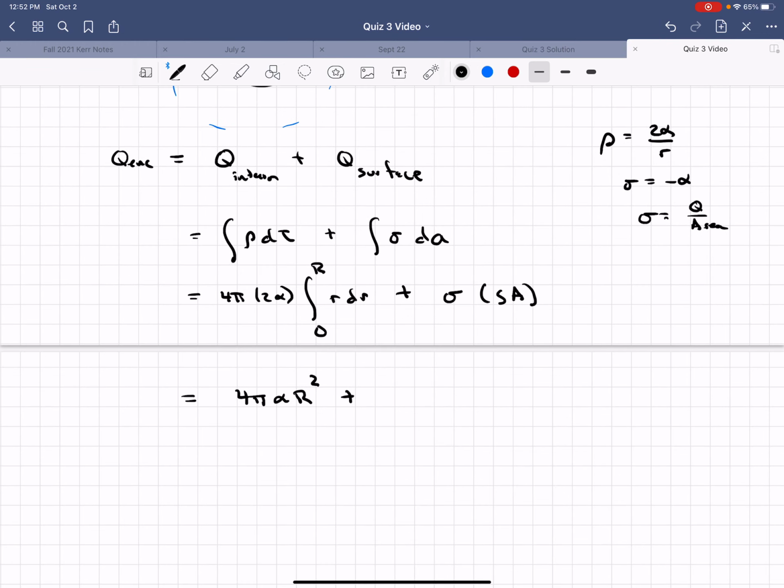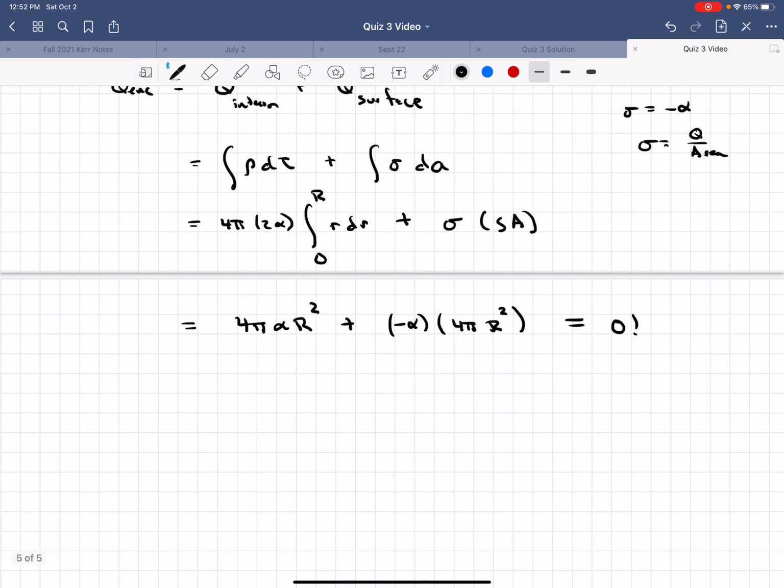The sigma value was minus alpha, and the surface area of a sphere of radius capital R is 4 pi capital R squared. When I add up the charge on the interior and the charge on the surface, I get 0, because the charge on the surface is the negative of the charge on the interior. The problem was picked to be this way.